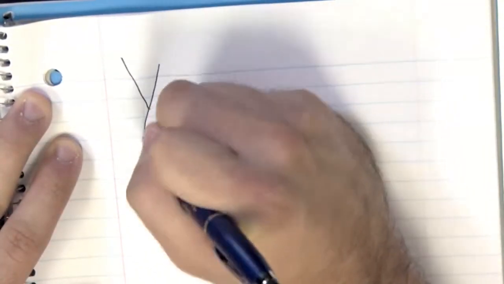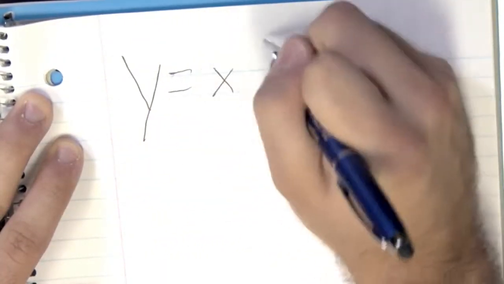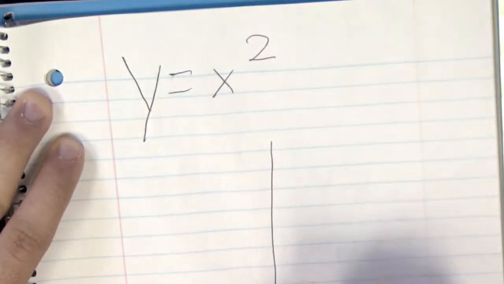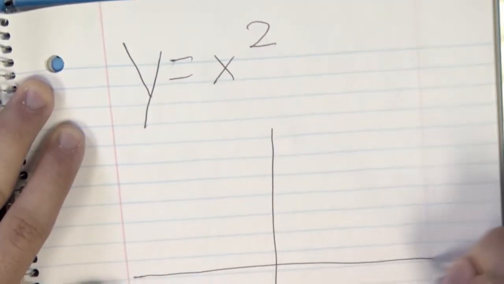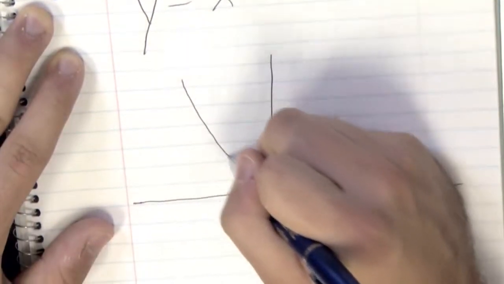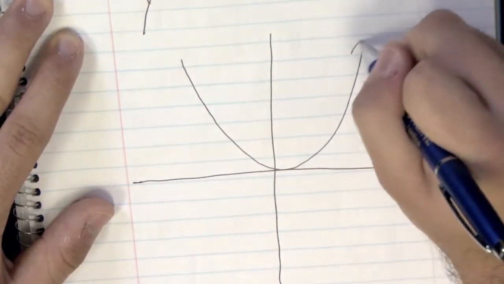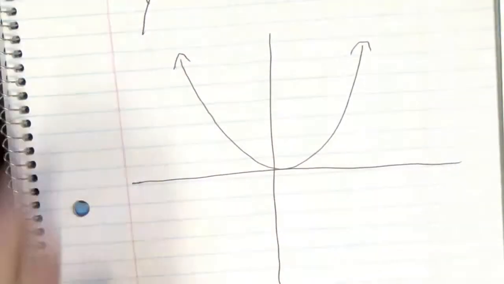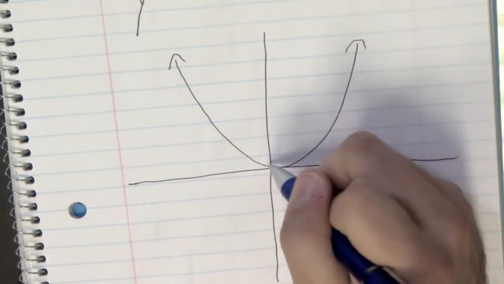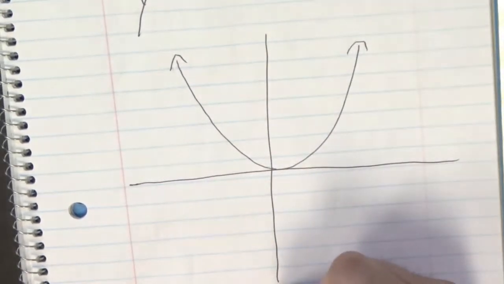So what does this look like in an actual math problem? Say that we have the equation y equals x squared. And the graph for y equals x squared looks something like this. It's a terrible drawing of it, but it looks something along these lines, where it's centered along the y-axis.